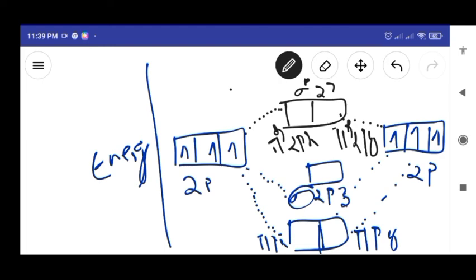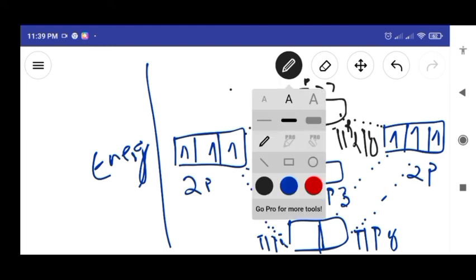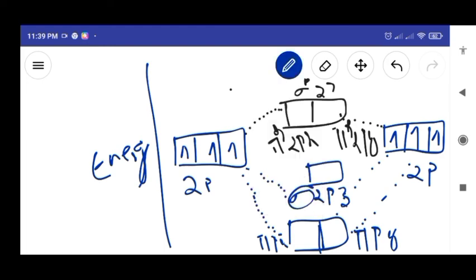Here also one orbital will come. So we'll see how to fill. One electron from here filled, one electron from here, so pi 2Px filled, pi 2Py. One electron from here, one electron from here filled. Pi 2Px equals pi 2Py filled. Then only we can move to sigma 2Pz. One electron left here, one electron left here, so sigma 2Pz also filled. And the antibonding orbitals are not filled.